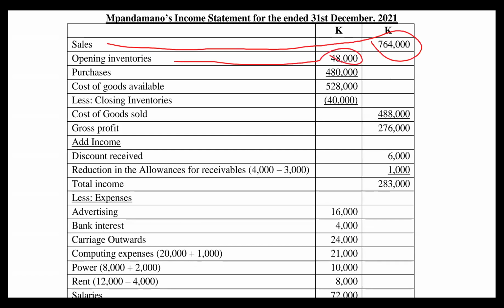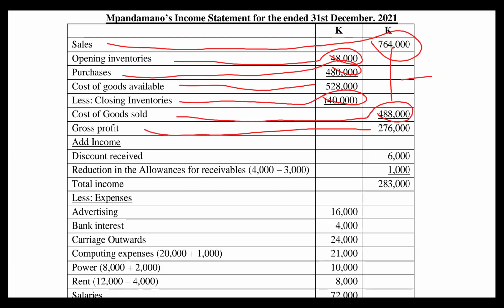Here you add the purchases. Opening inventory plus purchases gives you the cost of goods, and you deduct from this the closing what? Closing inventory, so that you can have the cost of goods sold. And this cost of goods sold should be deducted from what? From sales, so that you can have the gross profit.